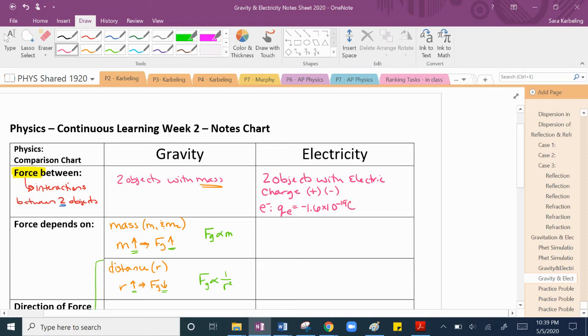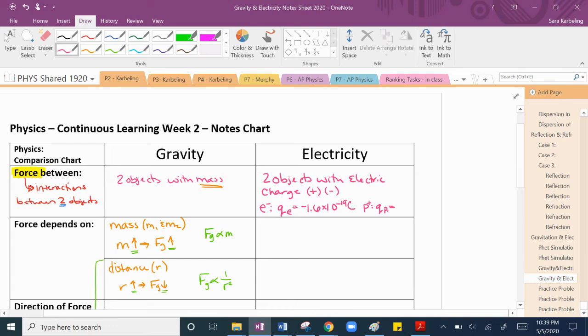Another weird word, but it's just a capital C. That's the SI unit for charge. So an electron has a charge of negative 1.6 times 10 to the negative 19th coulombs. A proton, which I'm going to write as p plus, has a charge. Well, it actually is exactly the same magnitude, right?